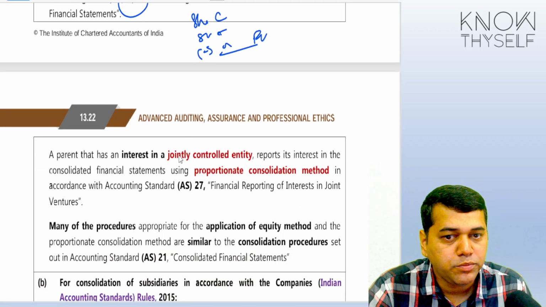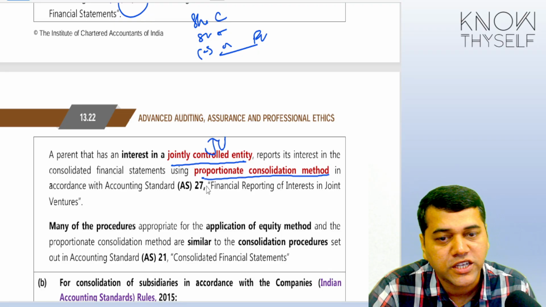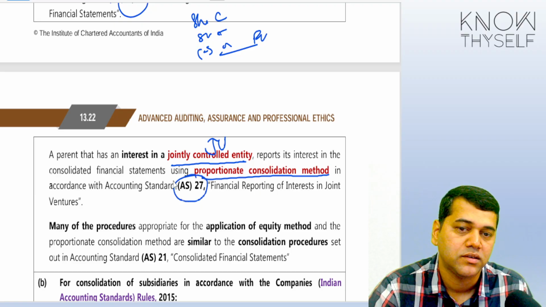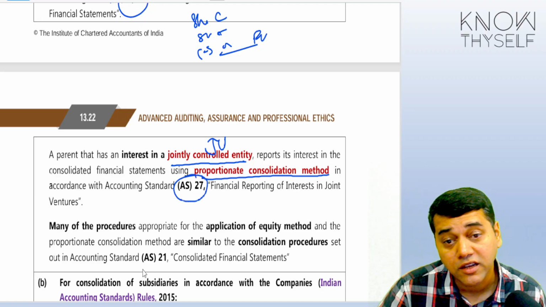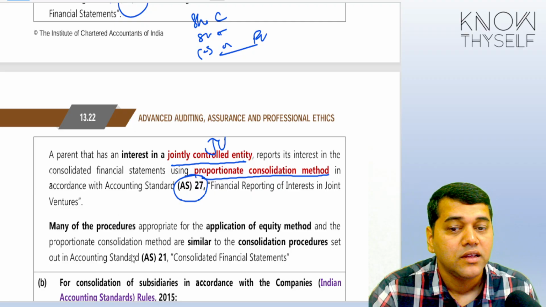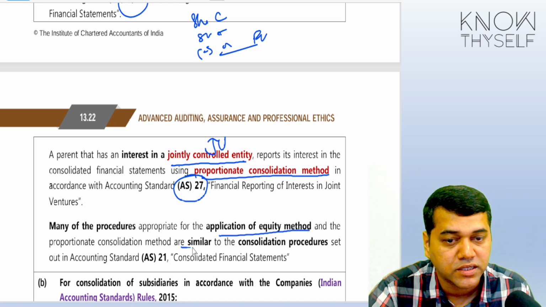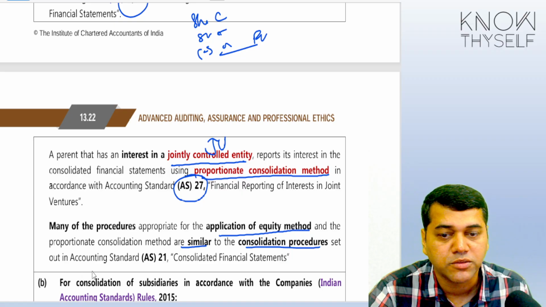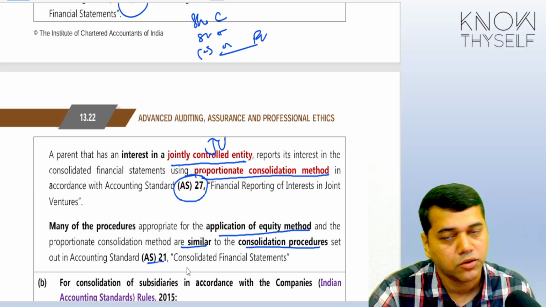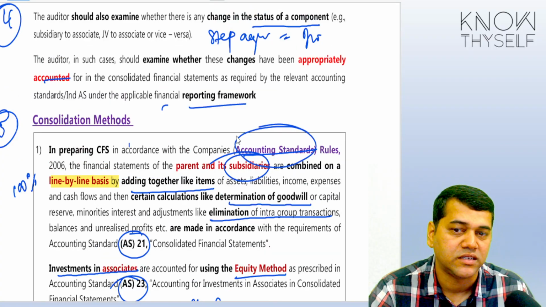If it happens to be a joint venture, then you need to follow the proportionate consolidation method as per AS 27. And this is what I also studied over time, for finals, we had AS. Now, many of the procedures, application of the equity method and the proportionate method are very similar to the consolidation procedure set out in AS 21. Okay. This is for whom? This is for the one who follow accounting standards.